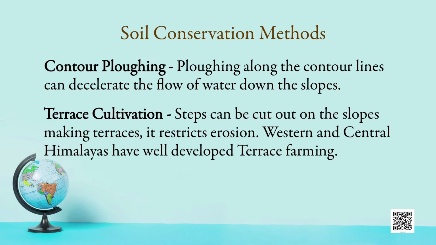Terrace farming, where steps are cut out on the slopes, making terraces, is an effective method. It restricts erosion. Do you know that terrace farming is a well-developed method in the western and central Himalayas? Many of you living in these areas are already familiar with this method.